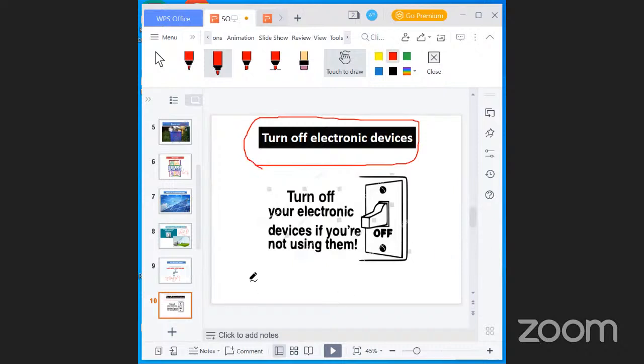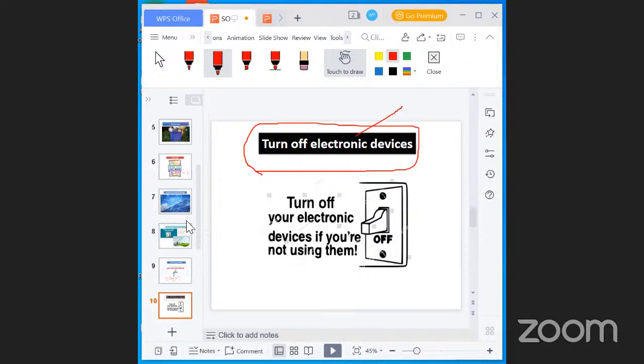So ensure turning off your electronic devices such as TV, a computer, and also some of the stereos and music players, etc., when not in use, right?